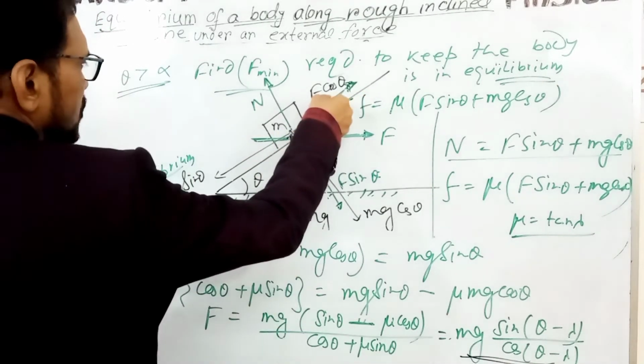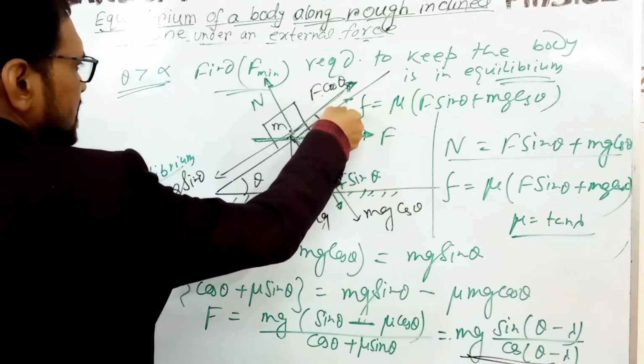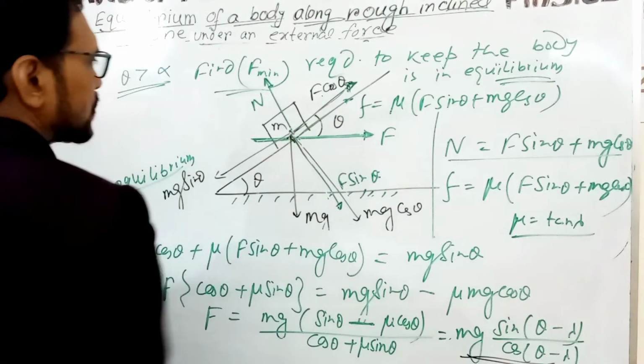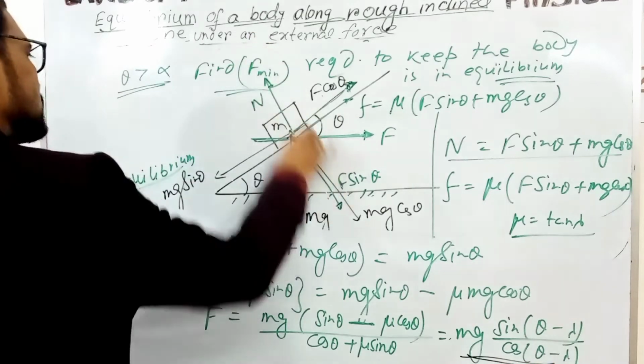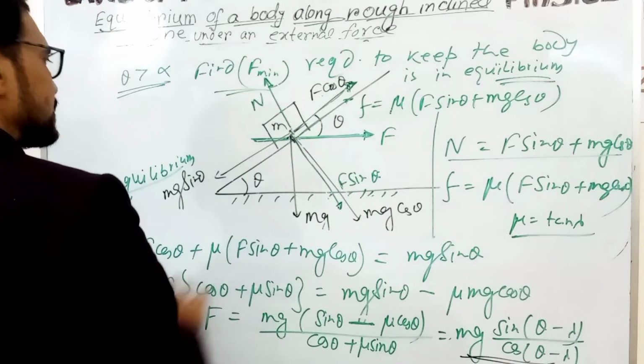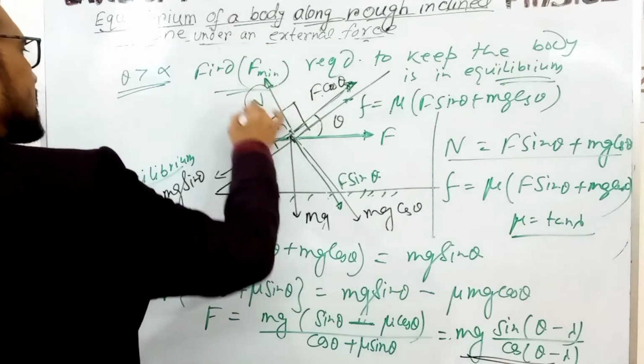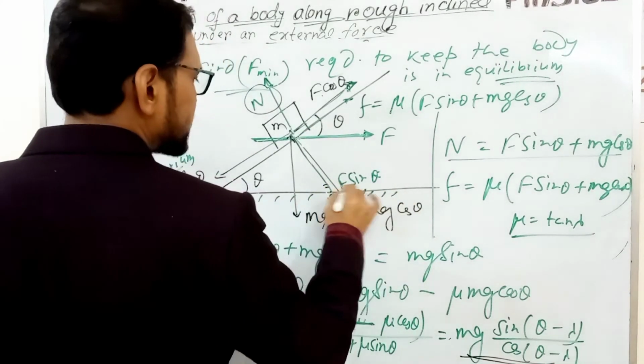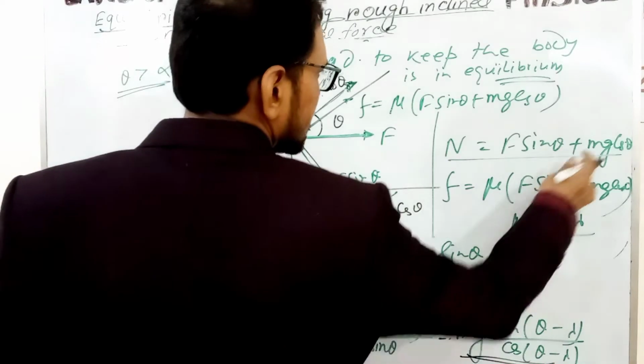Now the component of this force, F cos theta, plus the friction force balances mg sin theta. Now what is the normal direction? The body does not move along this direction, so N balances this force plus this force: N equal to F sin theta plus mg cos theta.